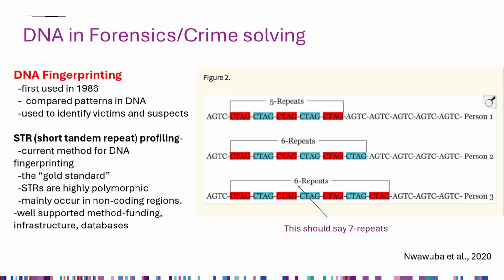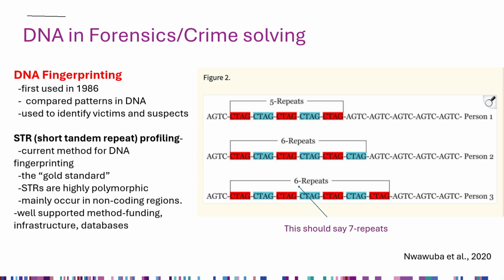In this case, the alleles are differentiated by the number of repeats in the locus and mainly occur within non-coding regions of the genome. The figure is showing the varying numbers of repeats in the same locus, but in different people. See how person 1 has 5 repeats, person 2 has 6 repeats, and person 3 has 7 repeats.